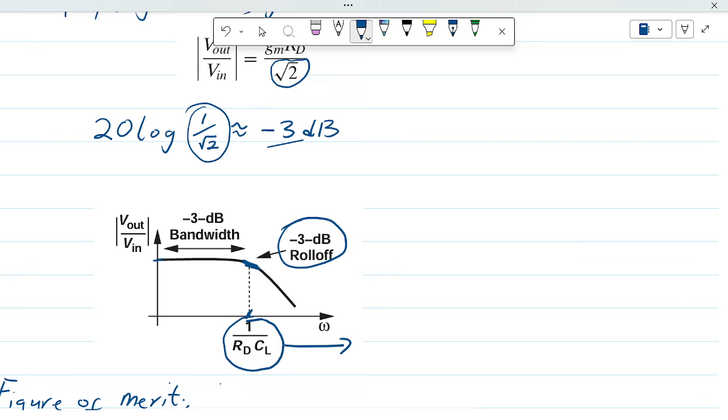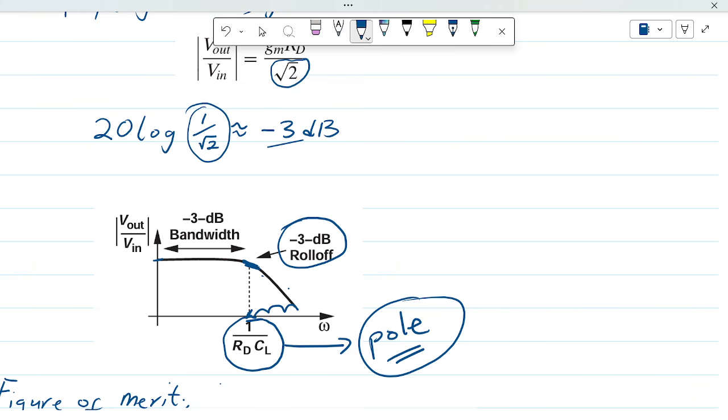So this is called the pole of the system. Beyond the pole, the gain would reduce. We see that if we go further beyond the pole, the gain keeps on reducing.